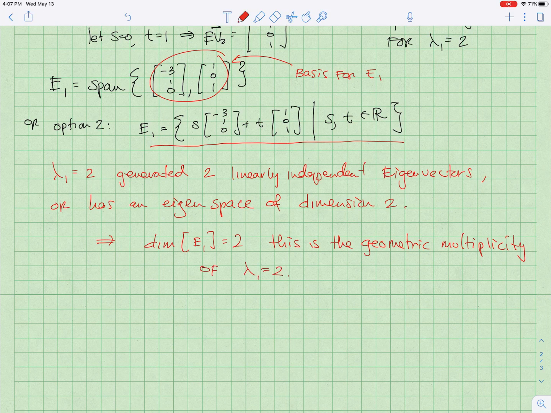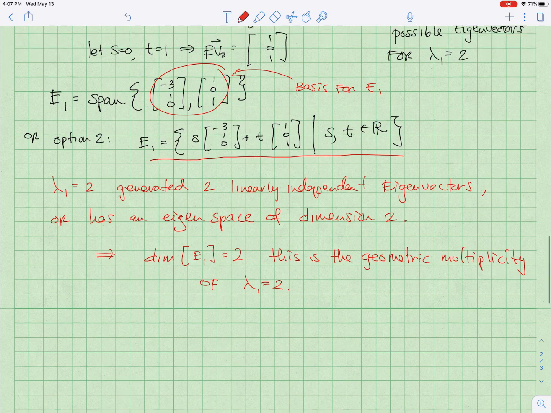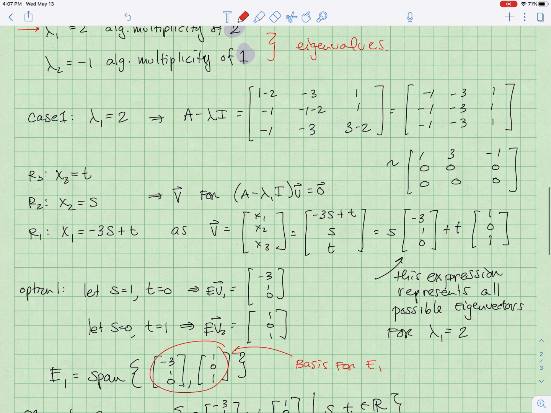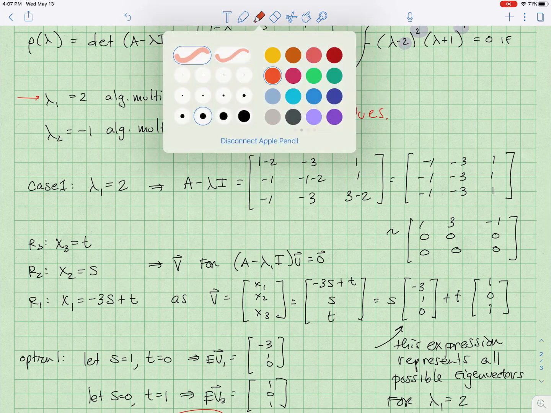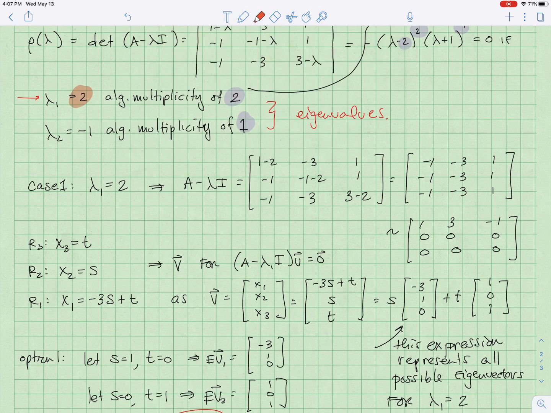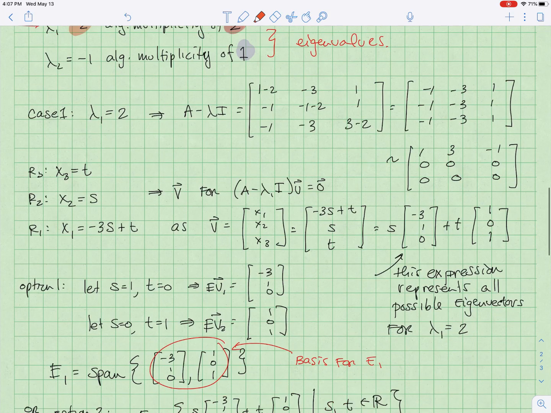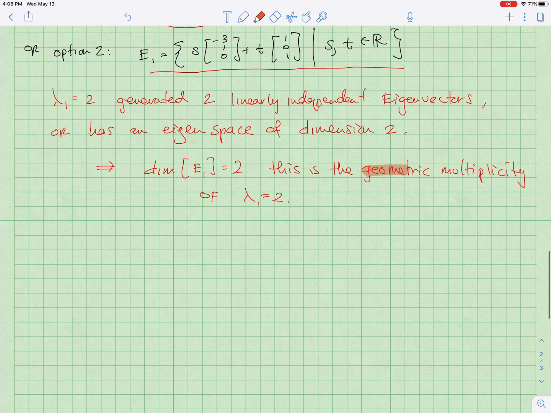So one way that you can tell a matrix is defective or not is whether or not the algebraic multiplicity for every eigenvalue is equal to the geometric multiplicity. In this particular case, we're going to note that the algebraic multiplicity of this eigenvalue was 2, and the geometric multiplicity was also 2.